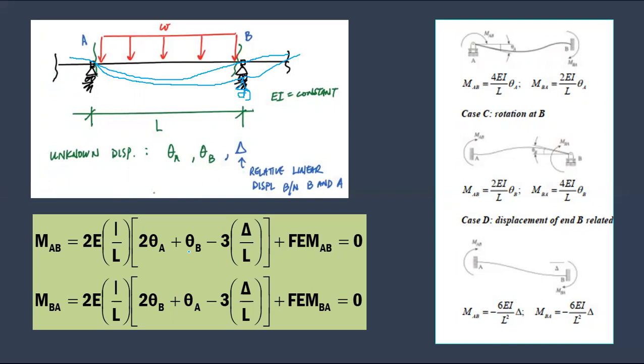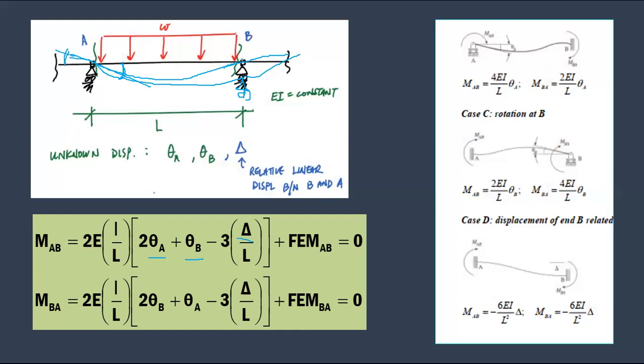So this is theta A and theta B. What I was telling about compatibility is this shape in the original structure, right? So this is theta A, meaning the angle of rotation at A. If the beam is continuous, this theta is the same as this theta, right?